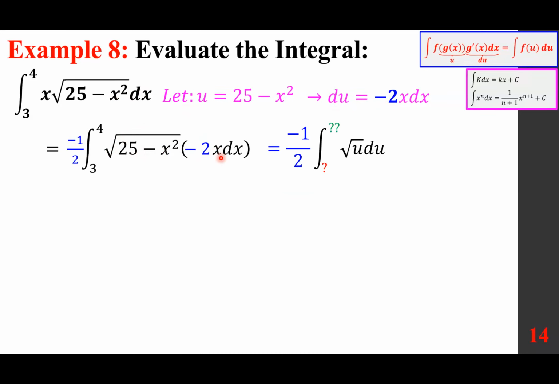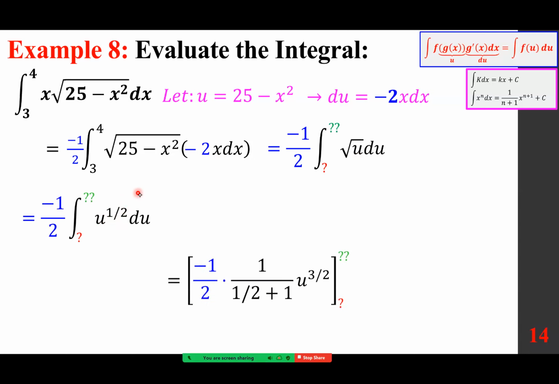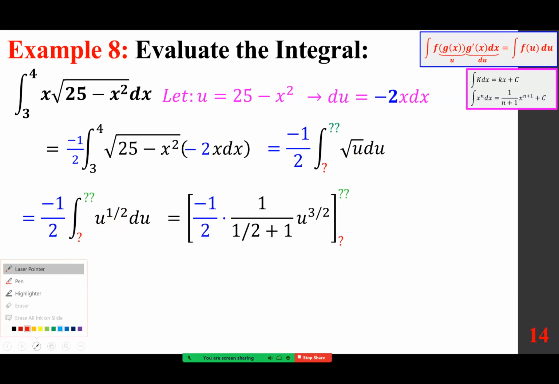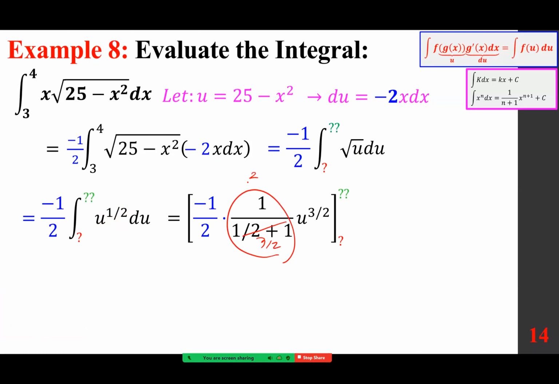And so we're going to rewrite this as u to the power of 1/2. This we have seen many times before. This part gives you 1 over 1/2 plus 1 u to the power of 1/2 plus 1. 1/2 plus 1 is 3/2. So this is the reciprocal of 3/2 or 2/3. If you multiply 2/3 by negative 1/2, you get negative 1/3.